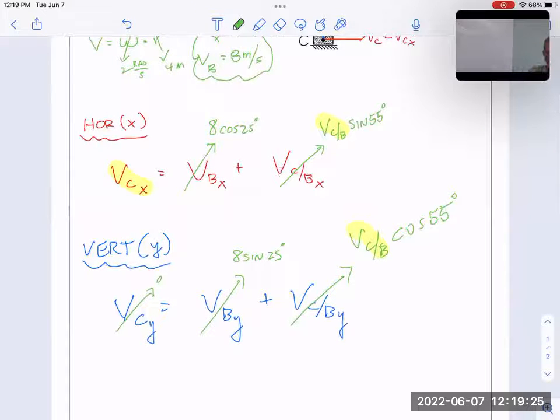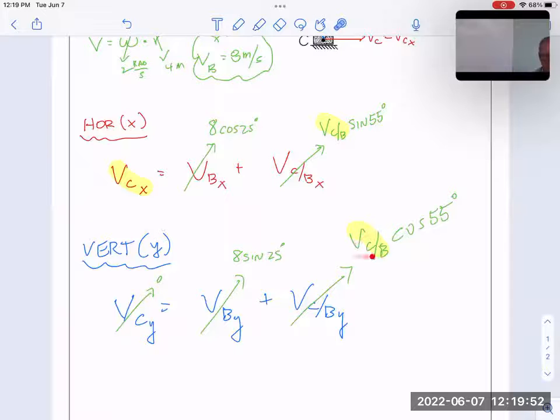Now, can I solve either of those by itself? Stare at that a second. The answer is yes, there is one of them I can solve by itself. Do you see that? The Y one. I don't need to solve two equations, two unknowns. Isn't this a constant? That's nothing. And that's just a number.